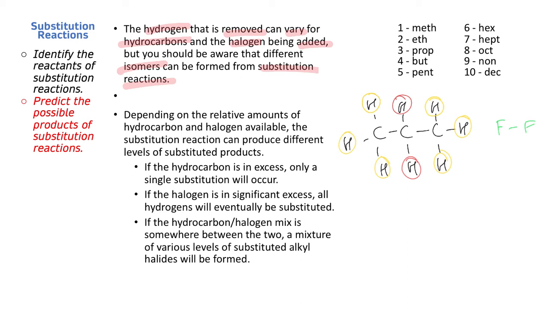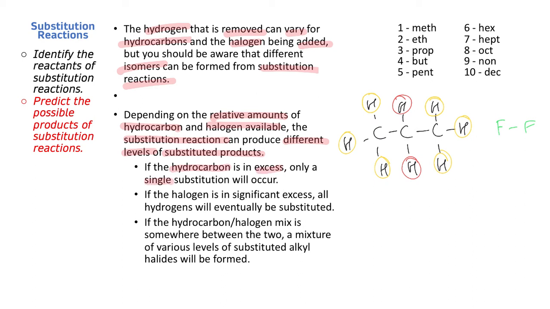Depending on the relative amounts of hydrocarbon and halogen available, the substitution reaction can produce different levels of substituted products. If the hydrocarbon is in excess, only a single substitution will occur.